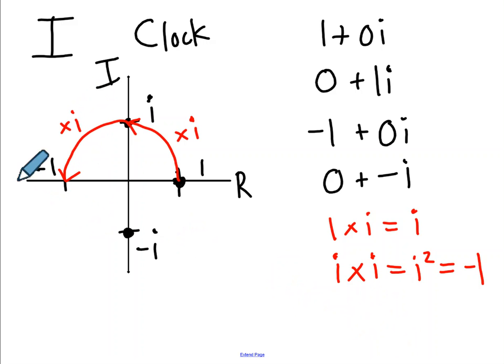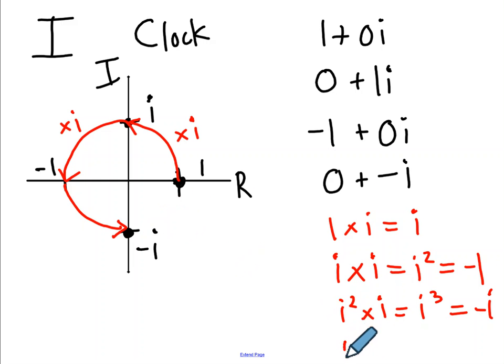How do I get from -1 to -I? I take I squared times I, multiplying by I, which is I cubed. But we can see that I cubed is -I.